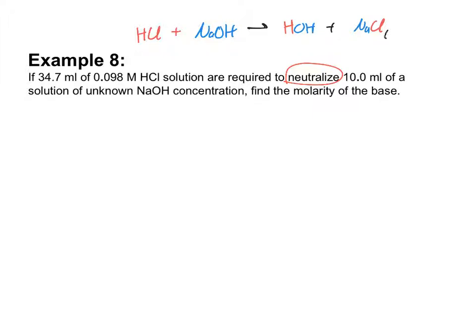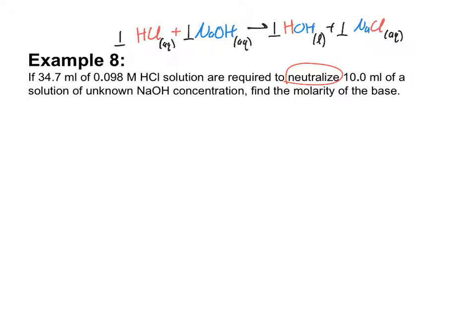In this case, the sodium chloride is going to be aqueous, the water will be considered liquid, the original solution of the sodium hydroxide will be aqueous, and the acid will also be aqueous to begin with. So that's our equation, and if we were to balance it, in this case it happens to be 1:1 to 1:1. So we could use the titration formula above, but I'm going to show you how to do it the other way first, and then I'll work it through to use the titration formula.